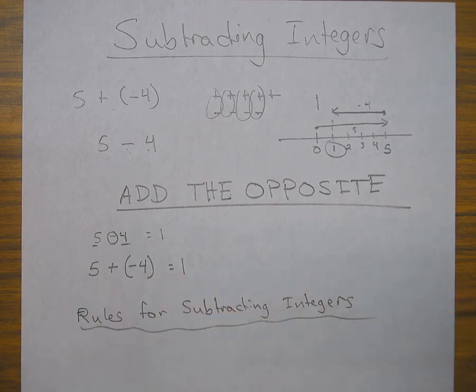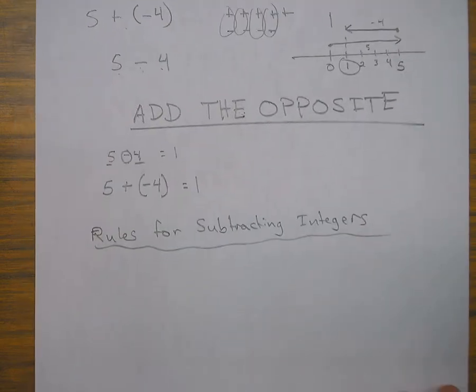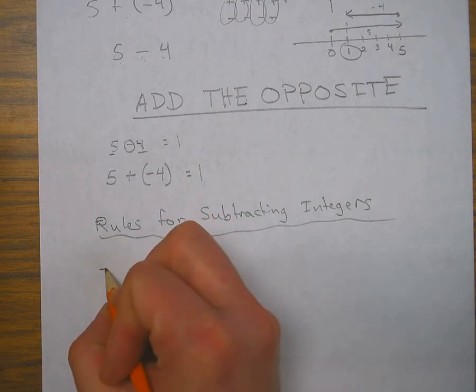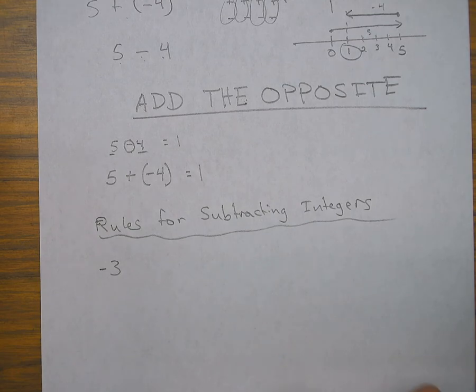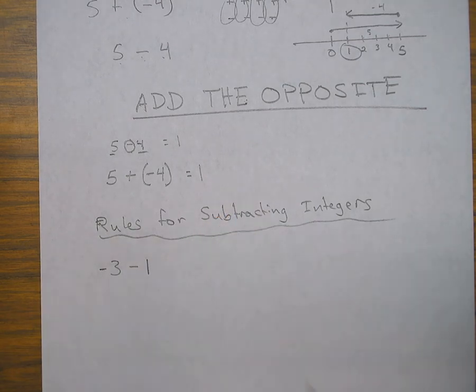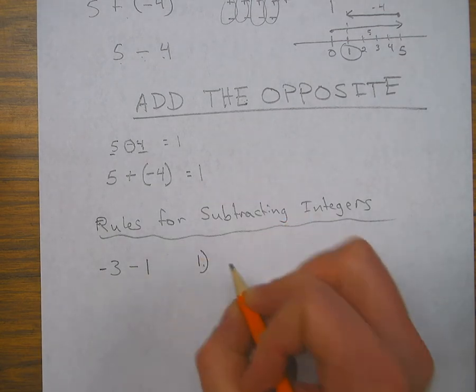Make it pretty. So the first thing you're going to do is leave the first integer the same. So let's use a different example. So let's say, for instance, I have a question that looks like this. -3 minus 1.